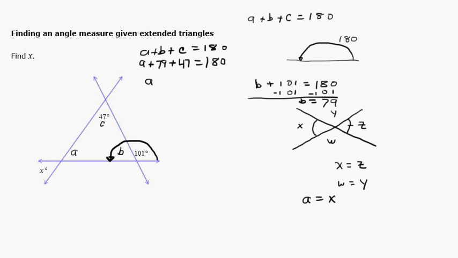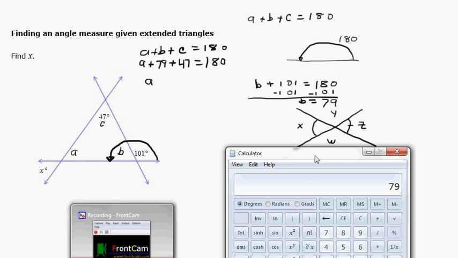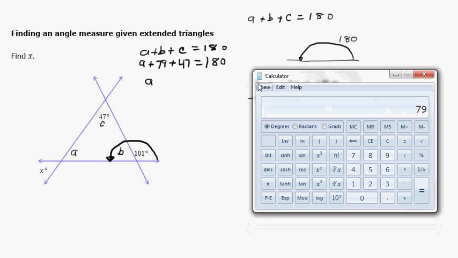Let's get the calculator back up here. 79 plus 47, oh, that didn't look right. Let me try that again. 79 plus 47. I think I subtracted.